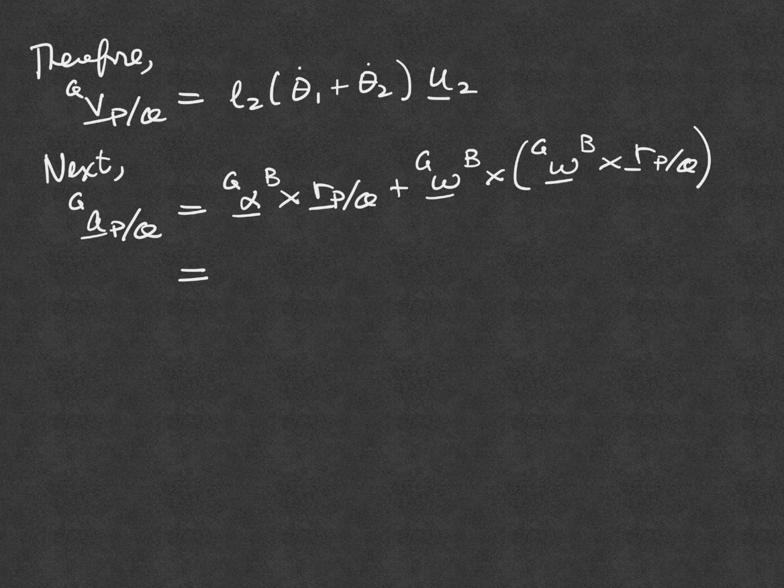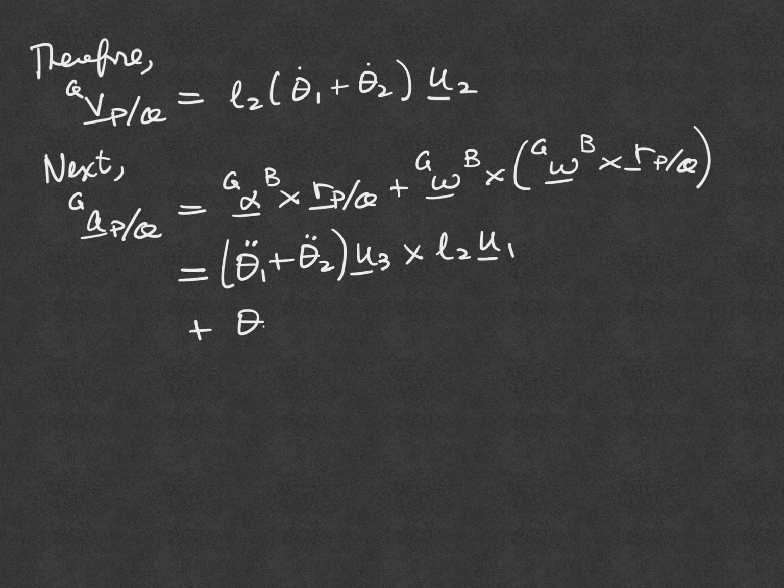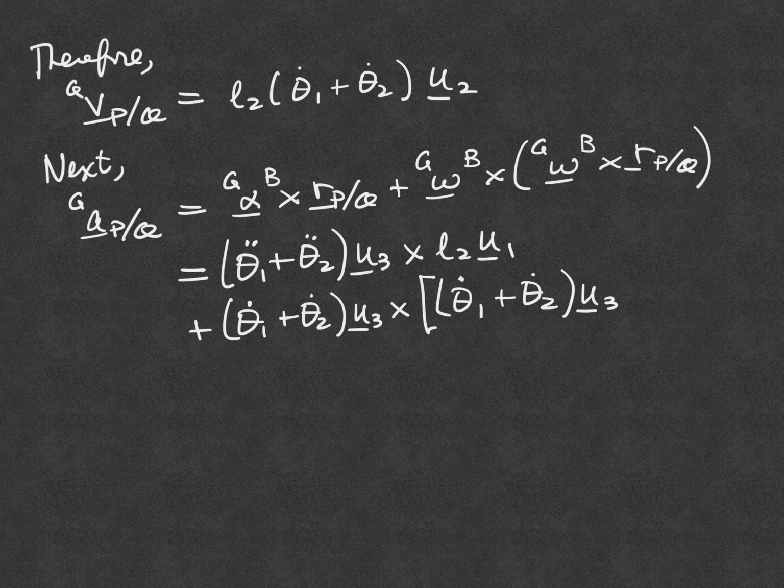So if I substitute everything in, you get theta 1 double dot plus theta 2 double dot times u3 crossed with L2 times u1 plus theta 1 dot plus theta 2 dot times u3 crossed with theta 1 dot plus theta 2 dot times u3 crossed with L2 times u1.